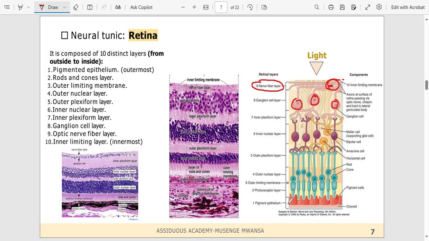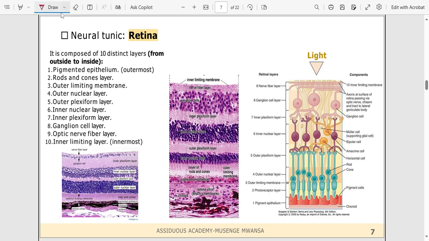And then, remember we had the outer limiting membrane, we are now going to have the last layer being the inner limiting membrane. That's where this layer is ending. So these are the 10 layers of the retina, in case they bring a slide or something like that.